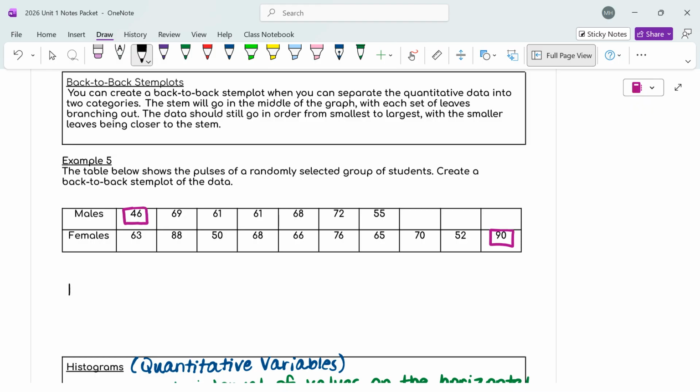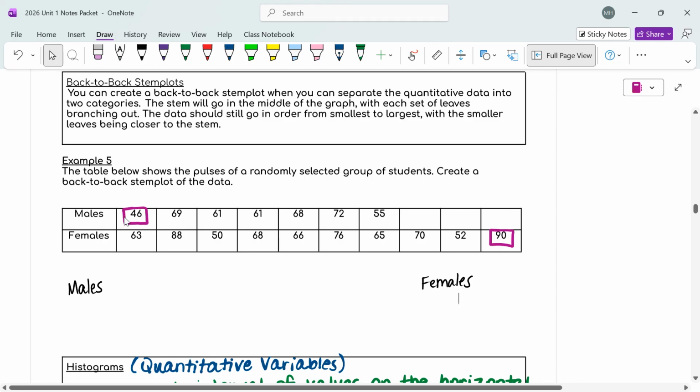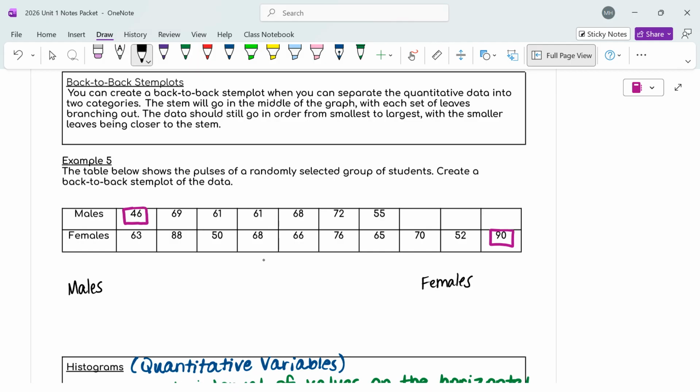So I'll make one side of the stem plot be males and the other side be females. And I notice that the lowest value is 46, the highest value is 90. So that tells me my stems need to go 4, 5, 6, 7, 8, 9.